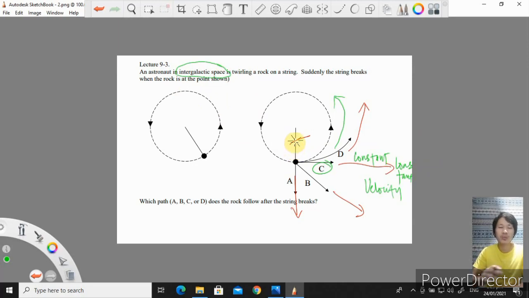I mean, there are no forces of any kind. So what is our condition in the first law? Whenever there are no external forces, if F net is 0, then the object moves at a constant velocity. Okay? So right after the string breaks, the rock will move at a constant velocity along the tangent, a rectilinear straight line, just like the first law says.